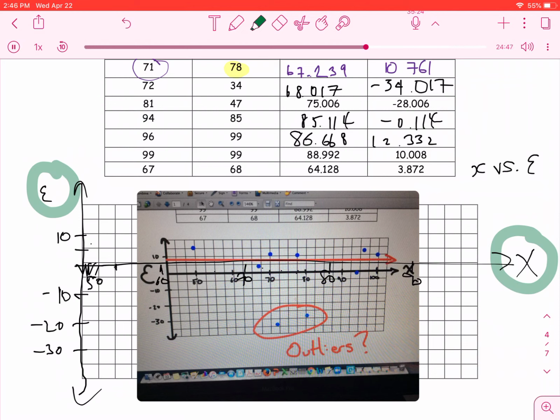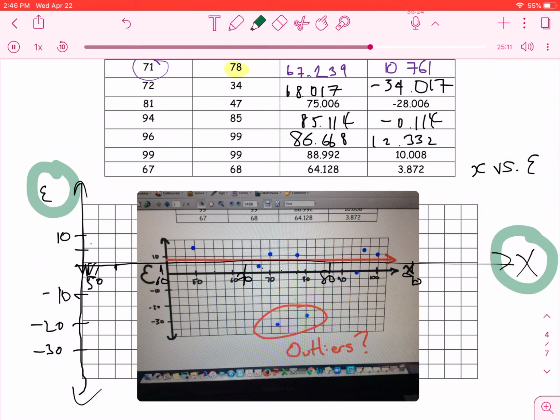Most points are above that line, mostly in the same vicinity. But those two lower points, at around 72-ish and 80, 81, are very far away from where the rest of the data is.